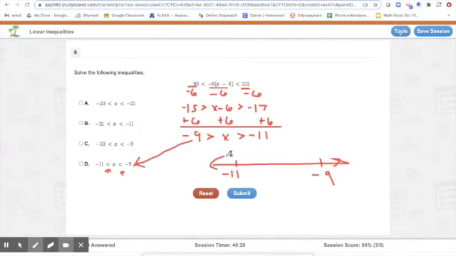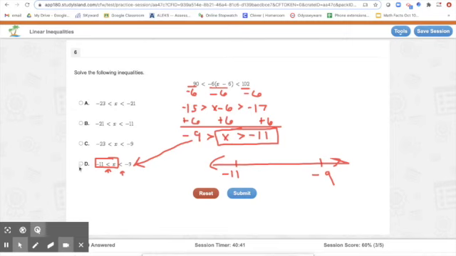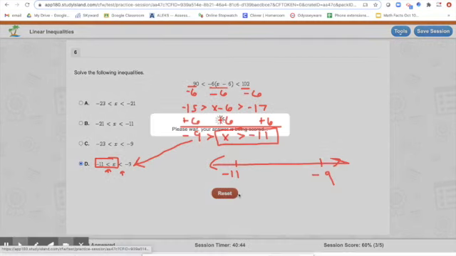And that should hopefully make perfect sense, because if I just look at one of these inequalities at a time, if x is greater than -11, so the alligator is eating the larger number, which in this case is x, the alligator better be eating the x when we're comparing it to -11. So that's why it also needs to be switched in that situation. So the answer here is D.